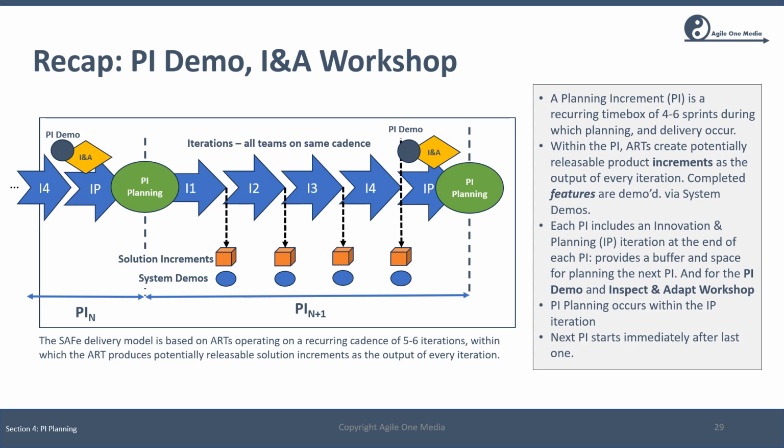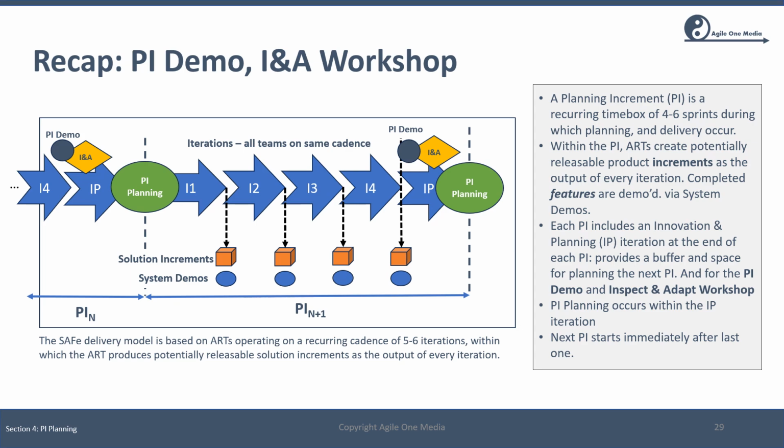So to recap on the role of the PI demo and the I&A workshop, Inspect and Adapt workshop. Within each PI, we have a number of delivery iterations. The last iteration is dedicated to innovation and planning. This serves a number of purposes.